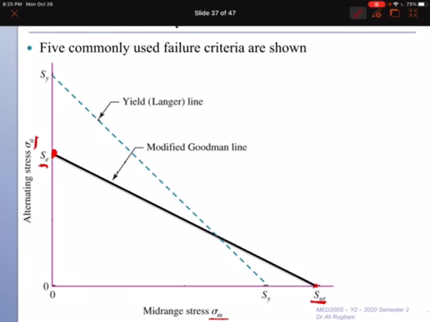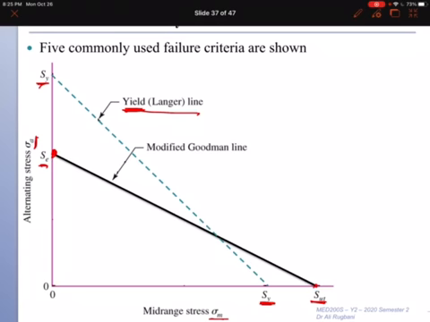For static situations, we use the yield line or Langer line, which uses yield strength for both mid-range and alternating. So that's why it is called check for yielding or the yield line.